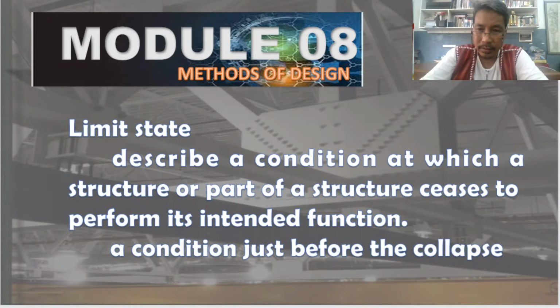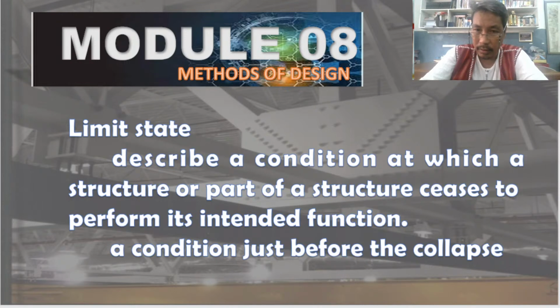Okay, so in short, a condition just before the collapse of the structure. Because when we want it to perform something and it is not doing its job, most probably it would collapse because it is now having a great amount of, for example, load.